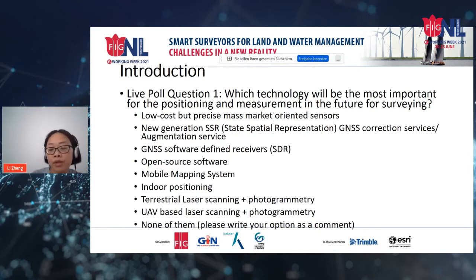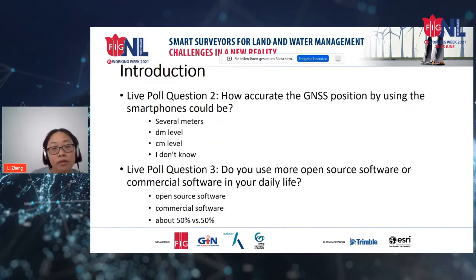This is the first poll question, and the next poll question is how accurate the GNSS position could be when using a smartphone. Is it several meters accurate, or decimeter level, or centimeter level, or you don't know?